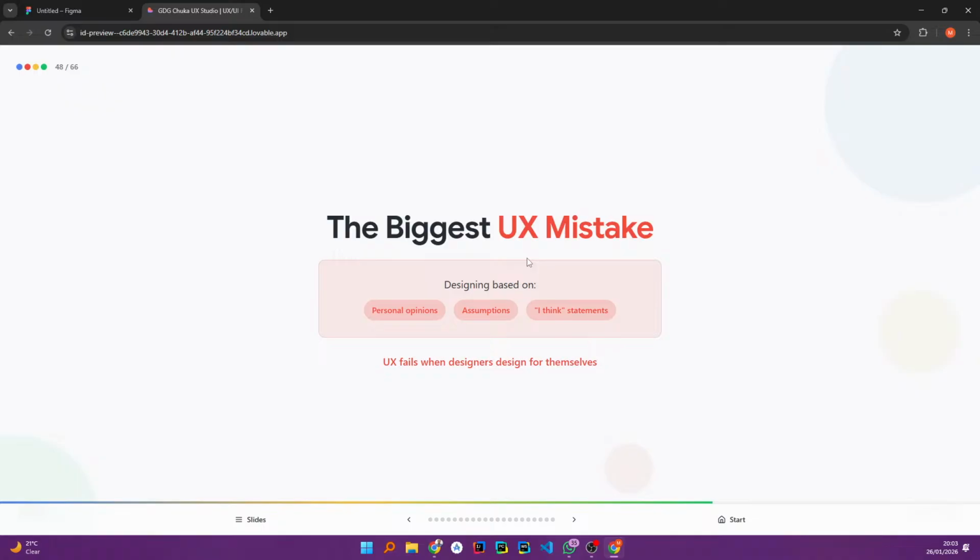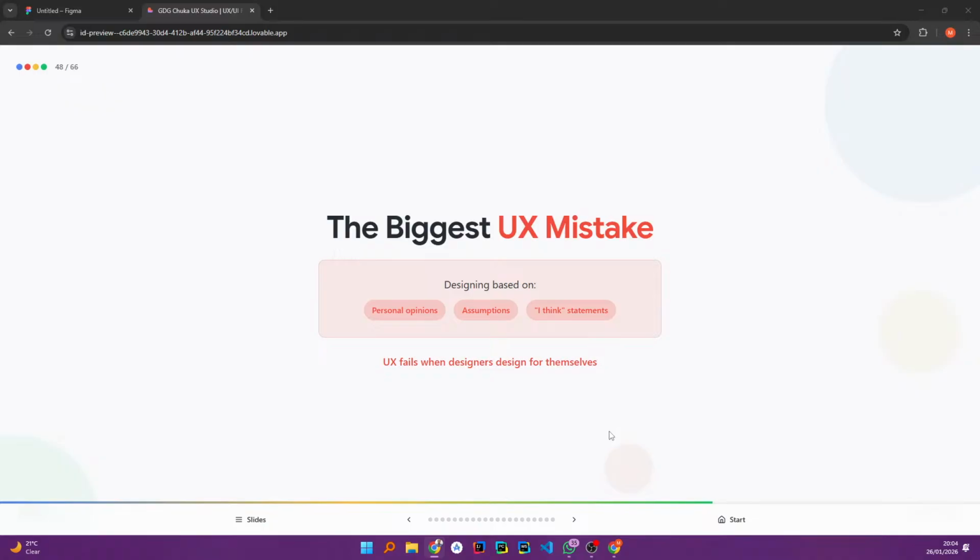So that is the biggest UX mistake a designer can make: designing based on I think it works, assuming some scenario for a user instead of going out there and actually speaking to the user or interviewing the user and seeing what they expect or what they want.